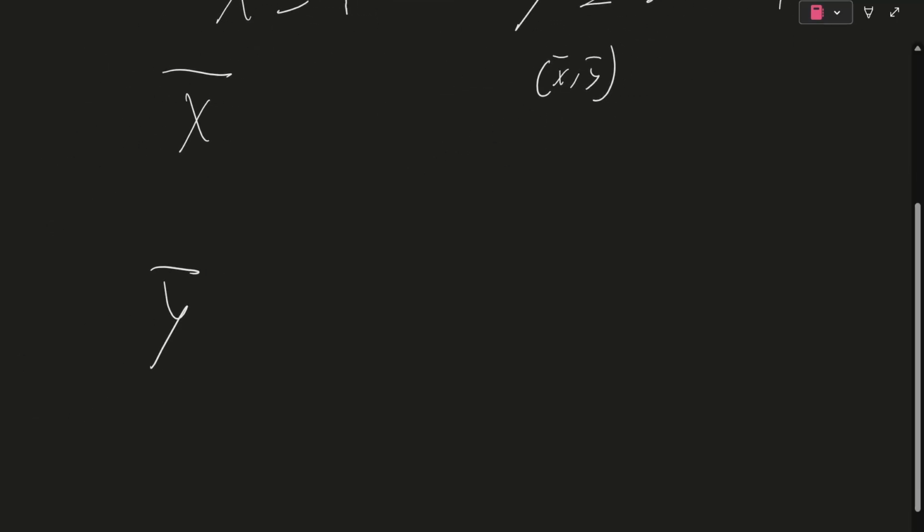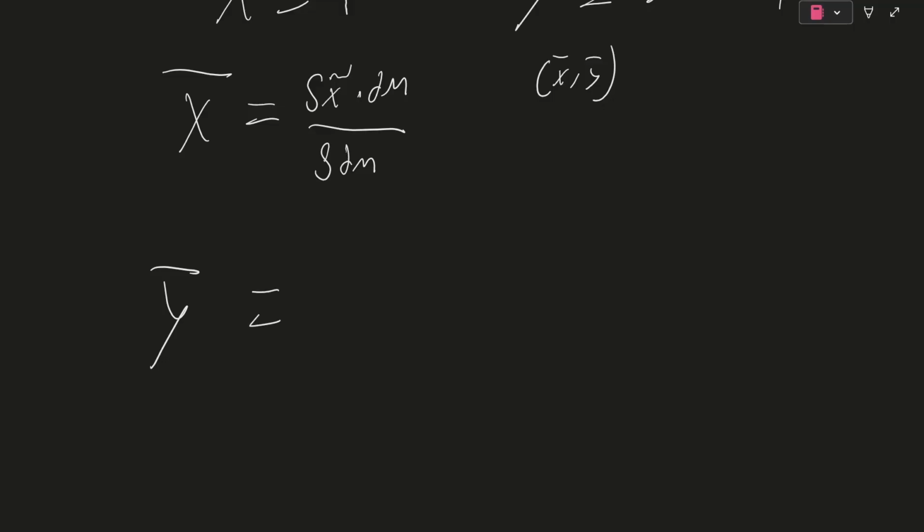And our x bar, our x value center of mass, is going to be equal to the integral of our average x value multiplied by dm, our little small piece of mass, over the integral of our little small pieces of mass. Y bar is going to be the same, except it's going to be the average y value, so we have this equation.